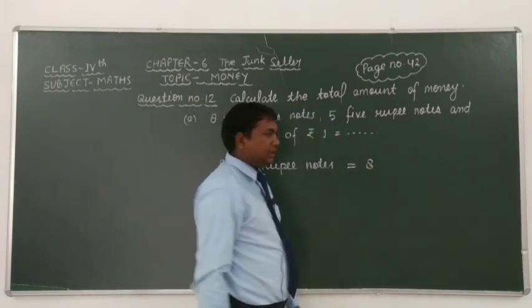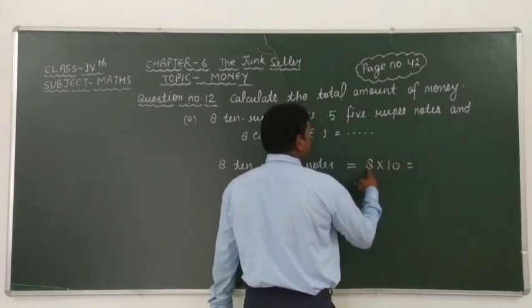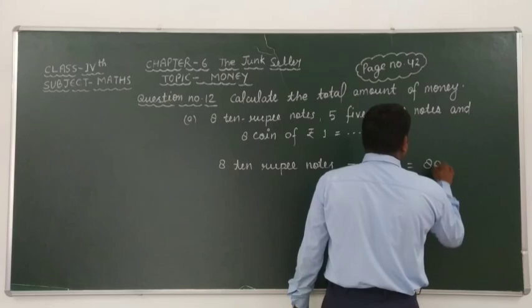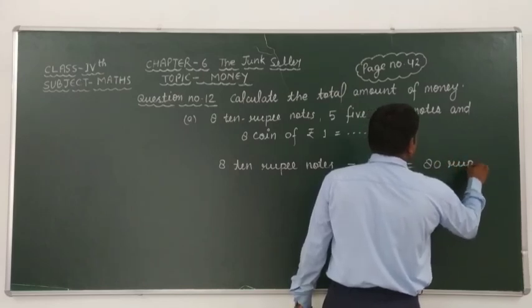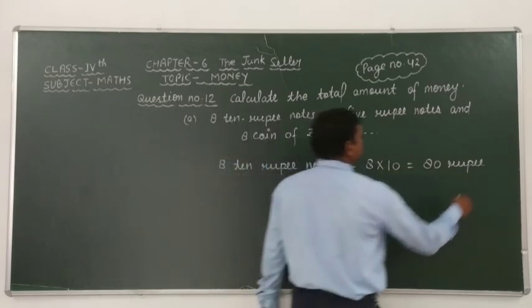If we take the multiplication of 8 and 10, then we get 80 rupees. Okay, 80 rupees.